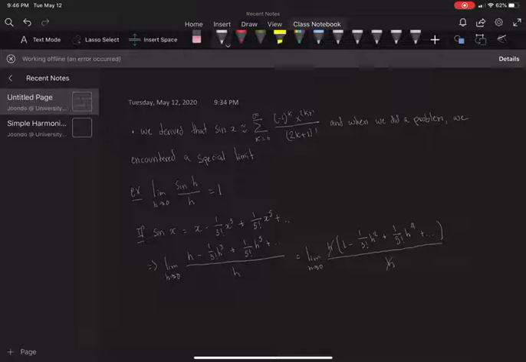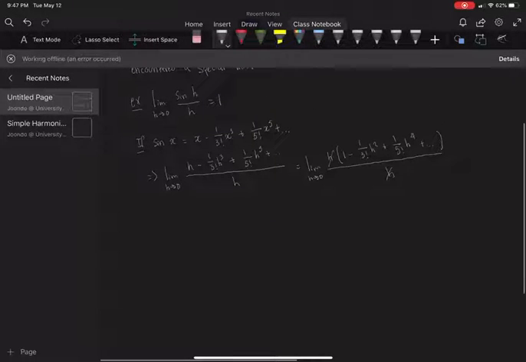And what do we get? Well, we get that the limit as h tends to 0 of 1 minus 1 over 3 factorial h squared plus 1 over 5 factorial h to the 4th, and so on.